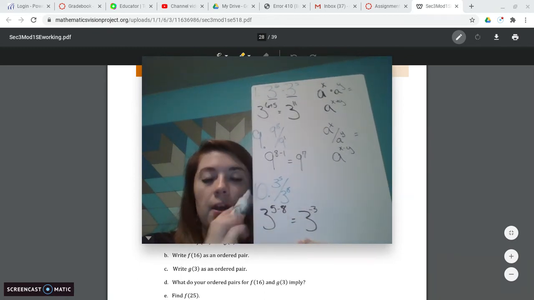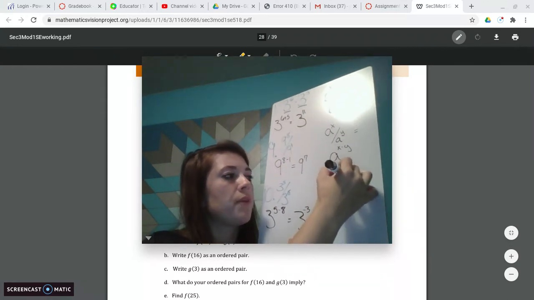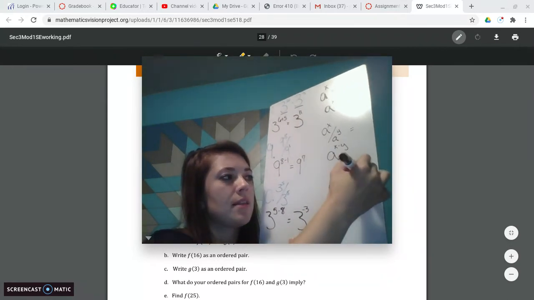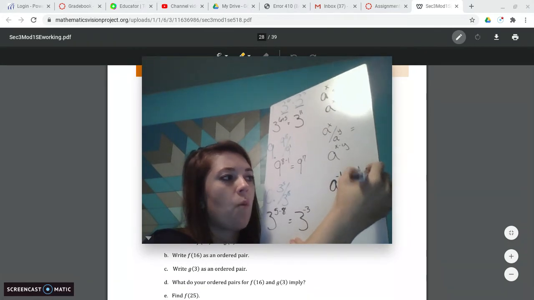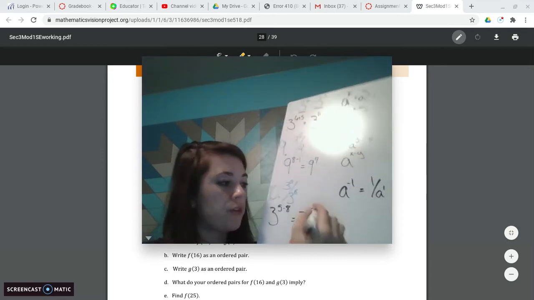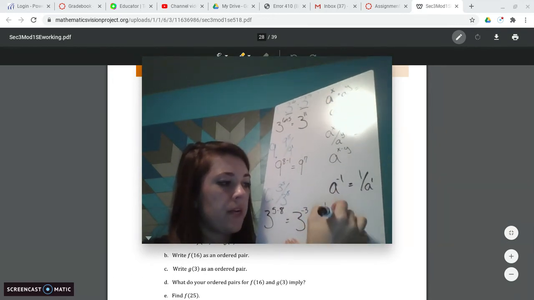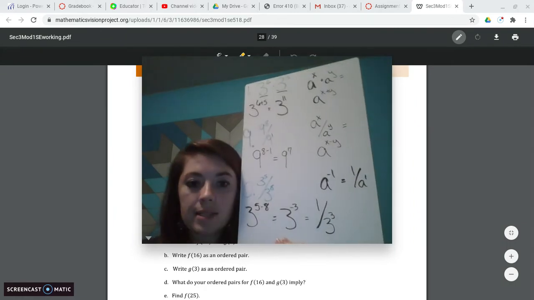This is not positive. So in order to have a positive exponent, the rule is if we have a negative exponent, it's the same thing as having 1 over that value to that exponent without the negative anymore. So this is going to become 1 over 3 to the now positive third.